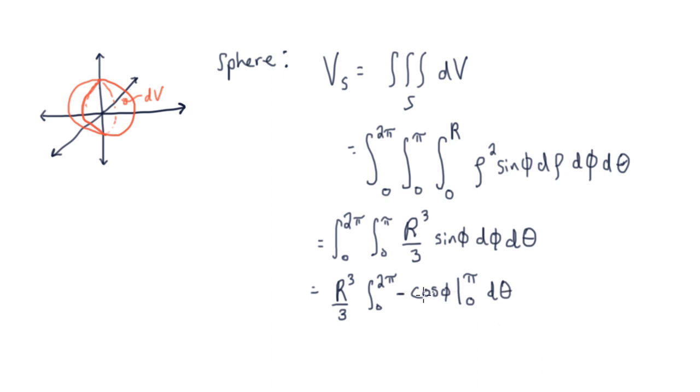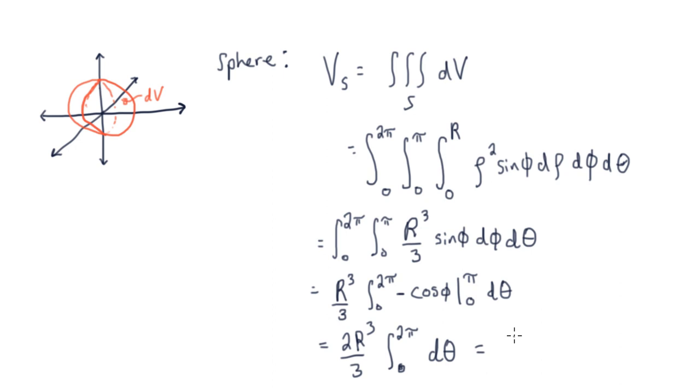Cosine of pi is -1, minus cosine of 0 is 1, so -2, but it's negative, so I just get a factor of 2. So this is 2 r cubed over 3, and then I'm evaluating over theta from 0 to 2 pi, but I'm just going to pick up a factor of 2 pi.